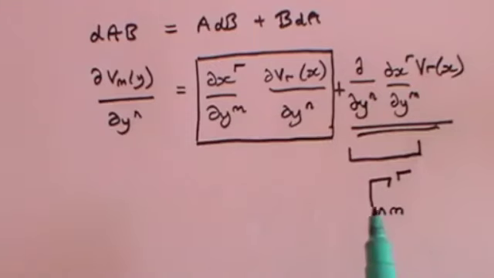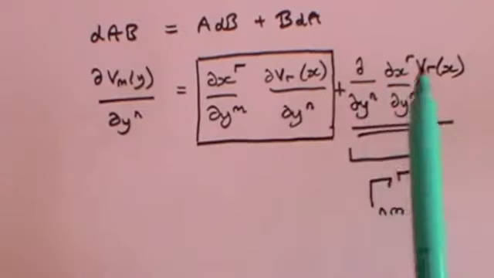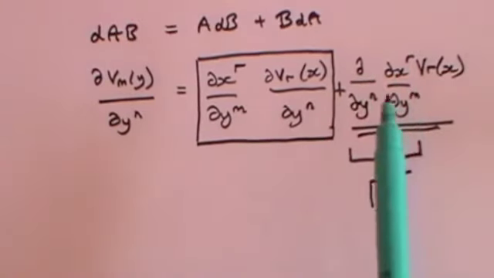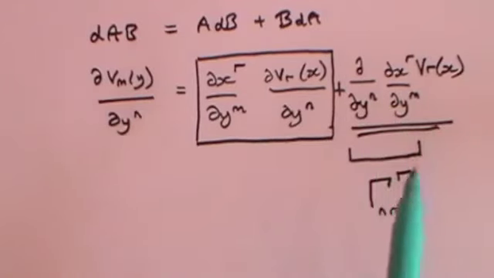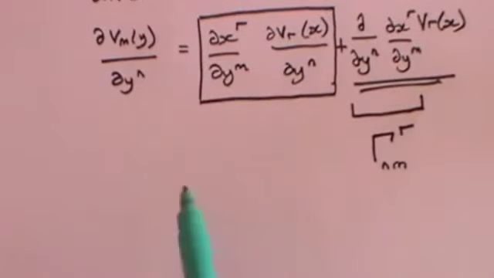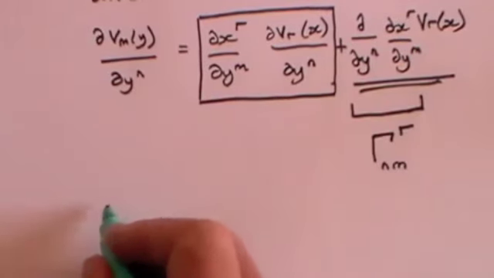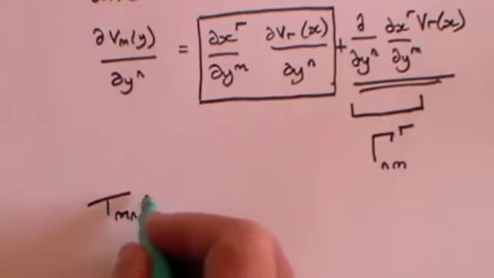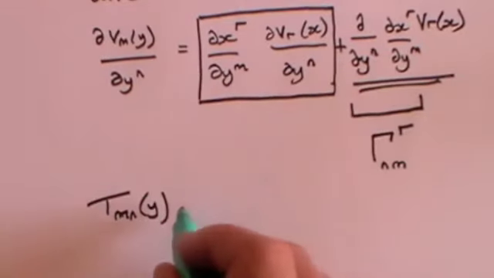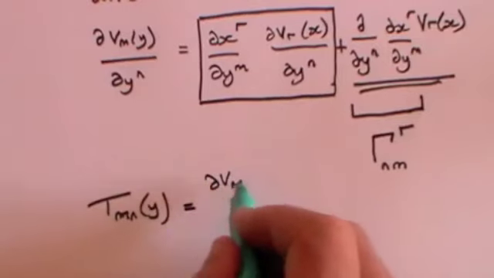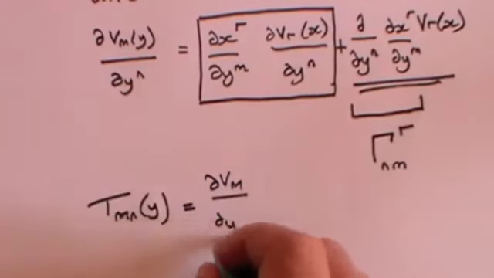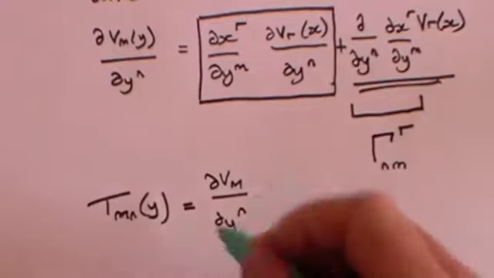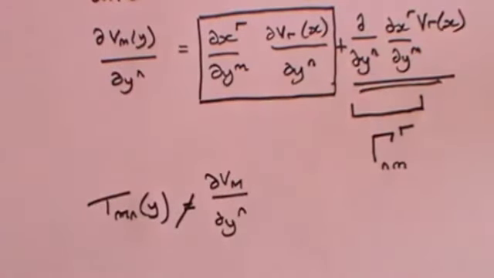So that Christoffel symbol, that capital gamma, is simply a shorthand way of writing this double differential there. It's the extra term that says that those two things are not equal. In other words, what we asked was, does Tmn in the y frame of reference equal dVm by dyn? And the answer was, no, it doesn't, because there's that extra term.